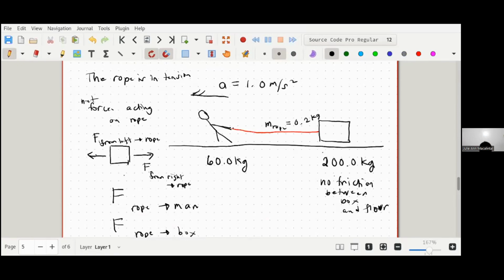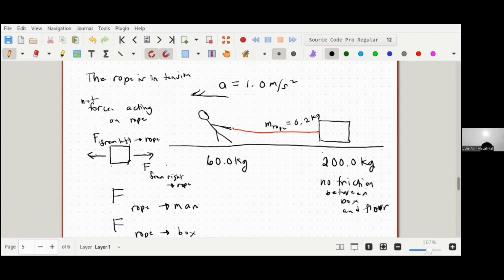It's possible that the forces from the left and from the right are not the same. The typical usage of tension is the force acting on the surface of a rope, or at least on one slice.